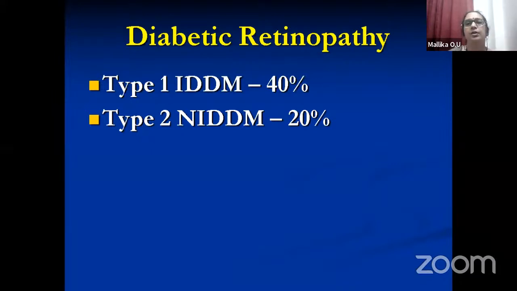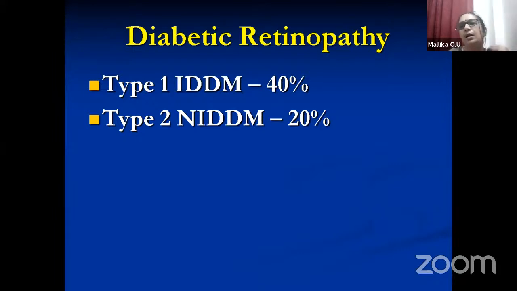So even if you see more non-insulin dependent diabetes mellitus than insulin dependent diabetes mellitus, diabetic retinopathy is more common with IDDM than NIDDM. Why? Because in type 1 diabetes or insulin dependent diabetes, it is the diabetic age of the patient and not the chronological age of the patient that is responsible for diabetic retinopathy.